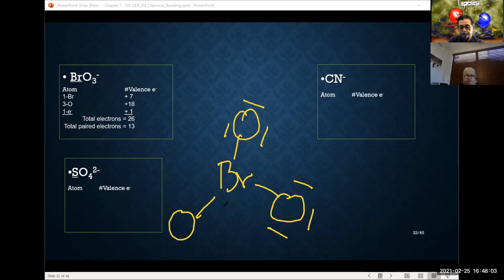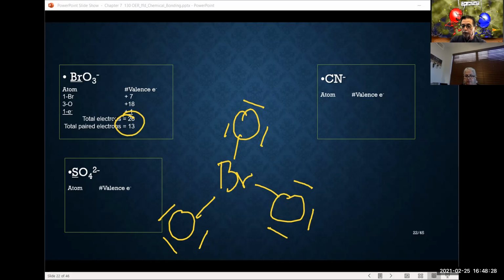So I got 6, 7, 8, and 9. Okay, so now I've taken care of 9. Then 10, 11, 12. I have taken care of 12 electron pairs. I calculated 13.